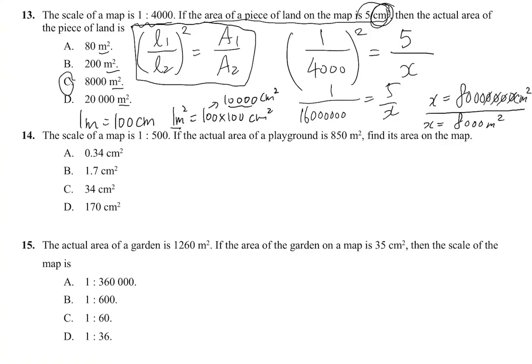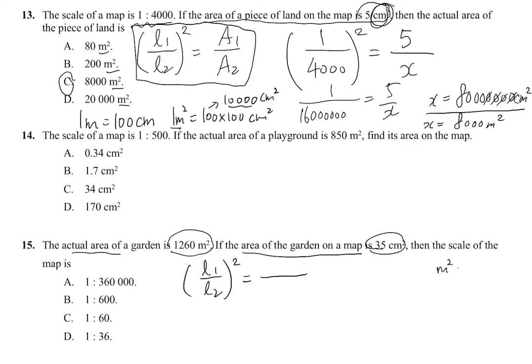Again, we can write down the formula: (L1/L2)² = A1/A2. Now, the problem is we have the area of the map and the actual area given in 2 different units. It would be easier if you convert meters to cm², because if you do it the other way, you need to divide and it will make the number very small.